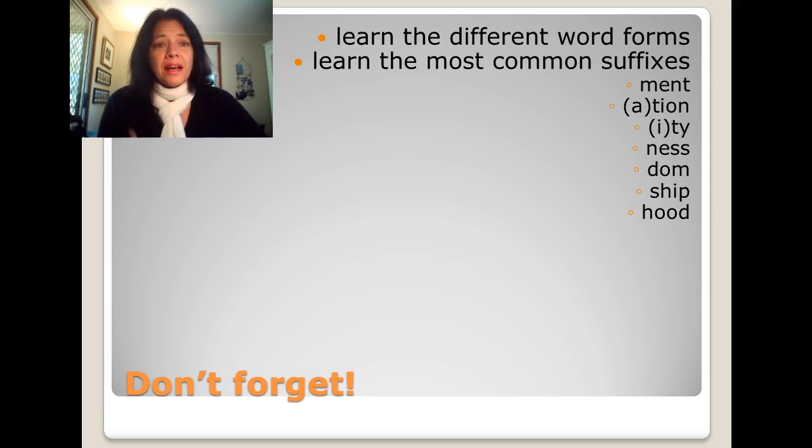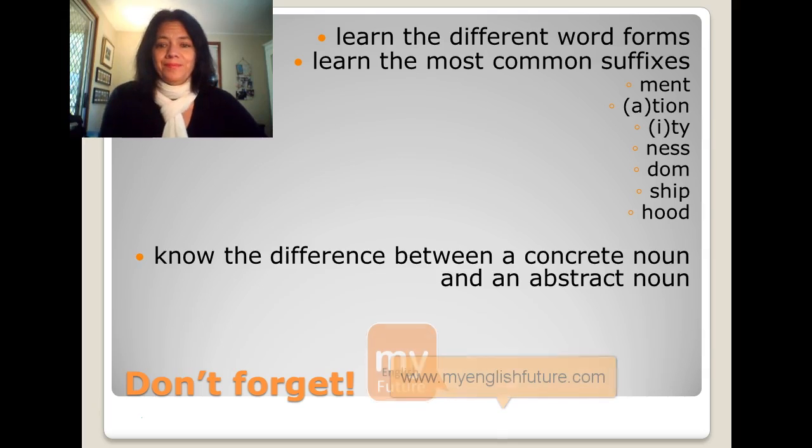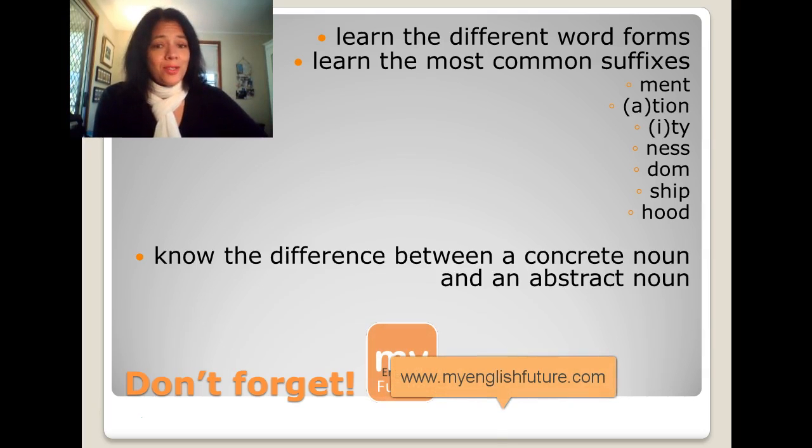But remember, these are not the only ones, as I showed you in the last slide. And you must know the difference between a concrete noun that you can see and hear and smell and taste and touch, and an abstract noun which is much harder to define.